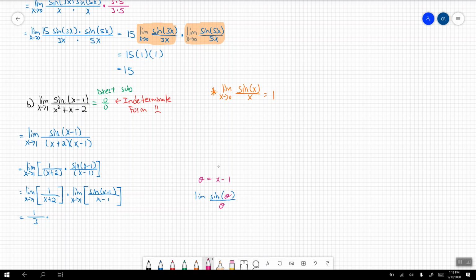So what I'm going to do is modify this just a little bit more. As x is approaching 1, so these x values keep getting closer and closer to 1, what is that going to make theta? As x is approaching 1, theta is going to be approaching, well, these values get closer and closer to 1. 1 minus 1 is going to be 0, which means the limit as theta is approaching 0 with this substitution. And check that out.